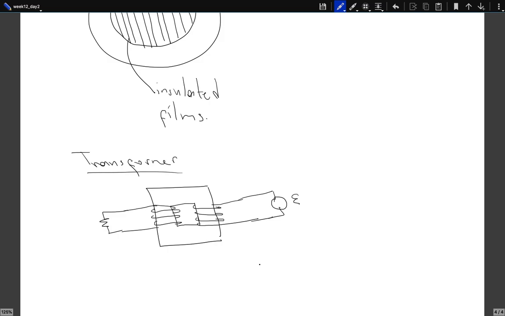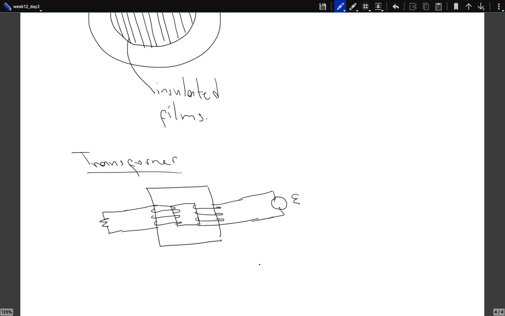Here, the effect of this iron would be mainly this: if you have such a small solenoid, the magnetic field lines are just spread out. Some of them will go through this solenoid over here, but most of them will just spread out. What iron does is it traps the magnetic field lines.